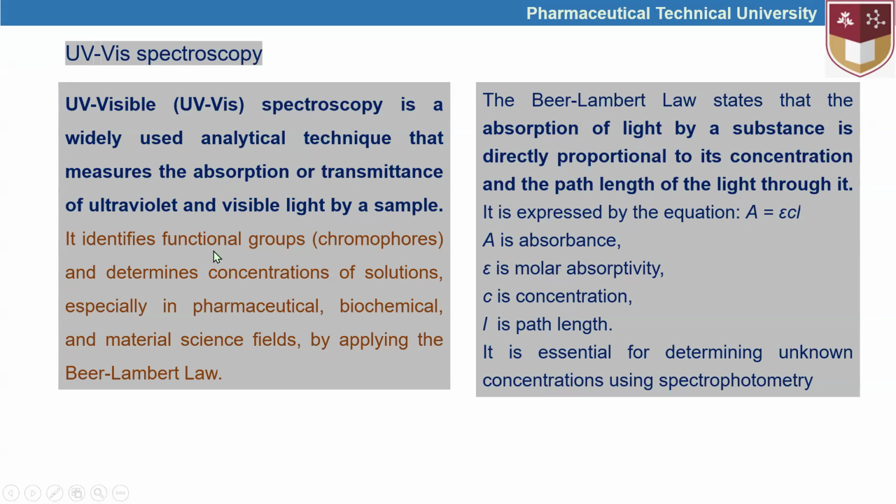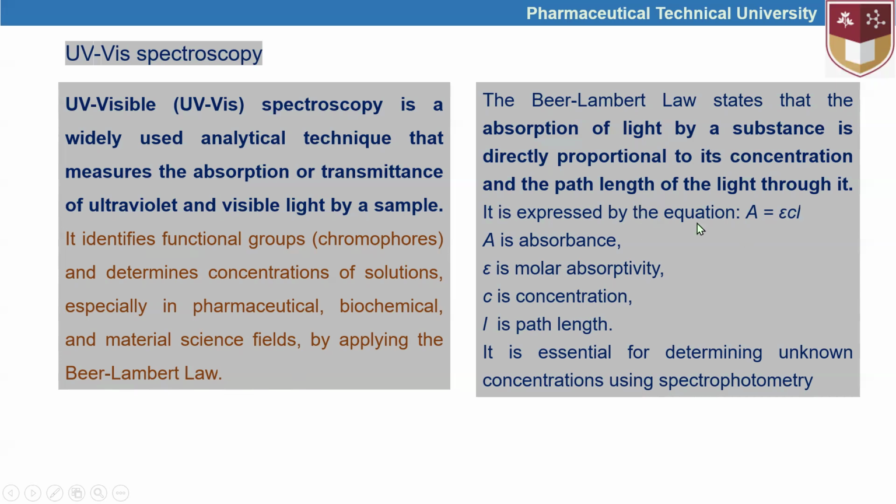It identifies functional groups, named chromophores, and determines the concentrations of solutions, especially in pharmaceutical, biochemical, and material science fields, by applying the Beer-Lambert law. In our previous lectures, we talked about the Beer-Lambert law. It states that the absorption of light by a substance is directly proportional to its concentration and the path length of the light through it.